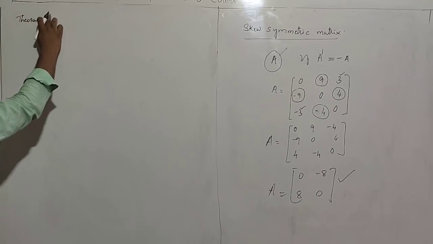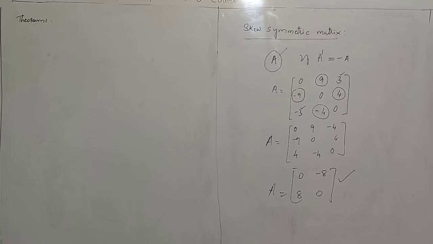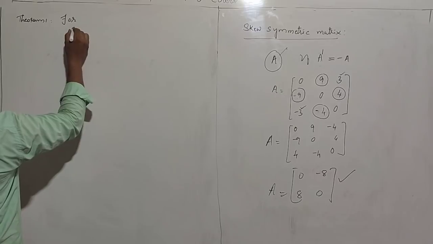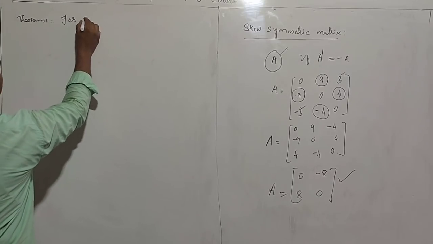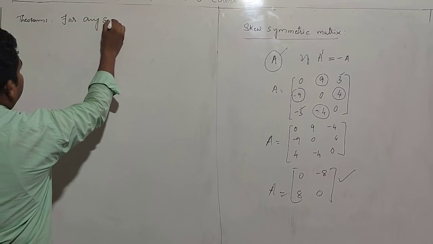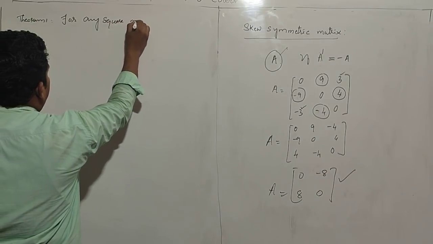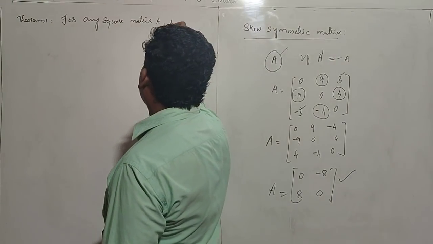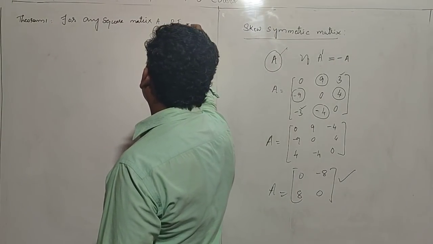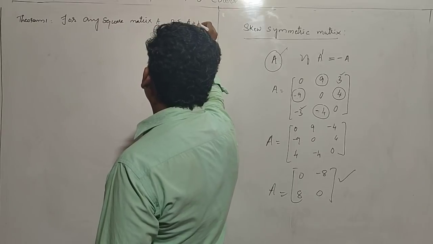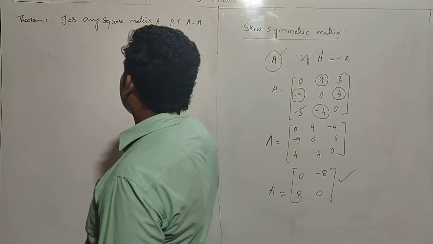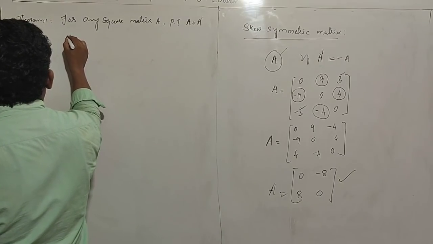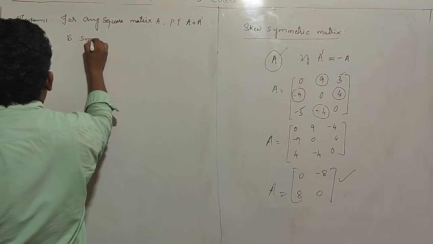Theorem number 1. For any square matrix capital A, prove that A plus A transpose is symmetric, means symmetric matrix.